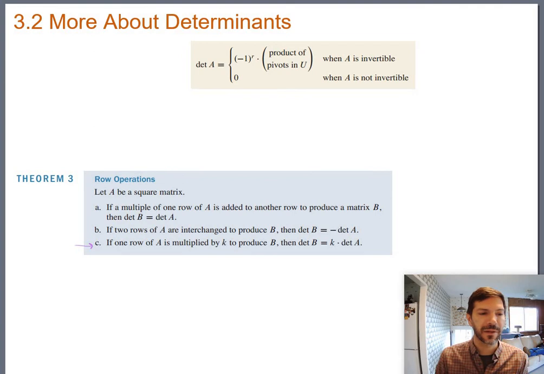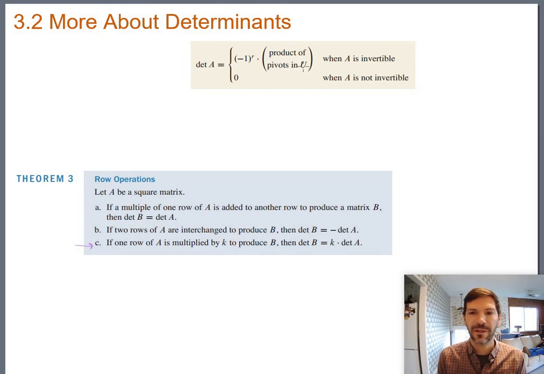And there's a little bit of notation here. So it says the determinant will be the product of the pivots. Because keep in mind from our previous section, if you have an upper triangular matrix, you can multiply the pivots to get the determinant. So this says go ahead and reduce. Use row operations and reduce till you get an upper triangular matrix.